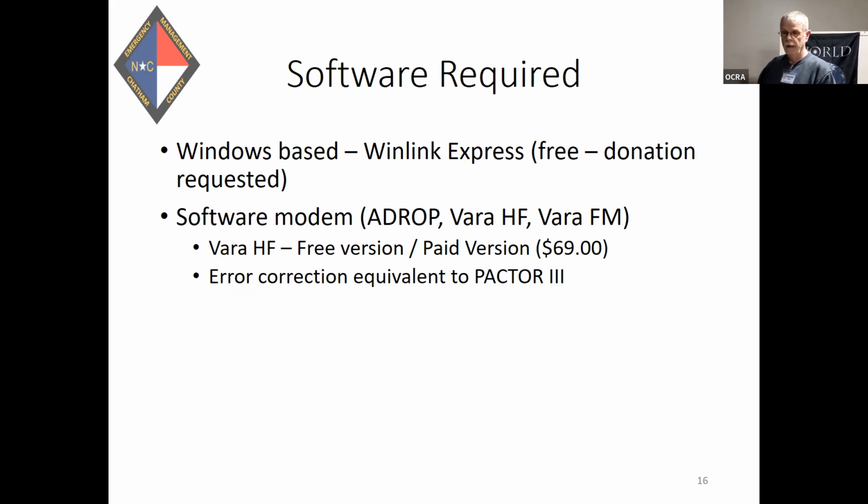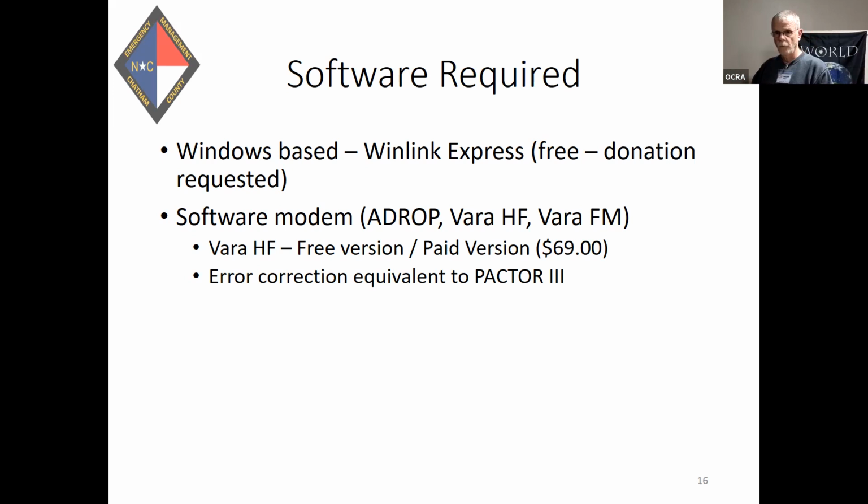The FM is how you would hit UHF, VHF. I strongly recommend that you pay $69 for the license, because if you do that, VARA HF will perform equivalent to Pactor on the amateur frequencies.